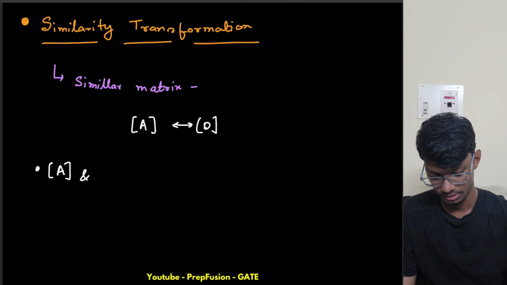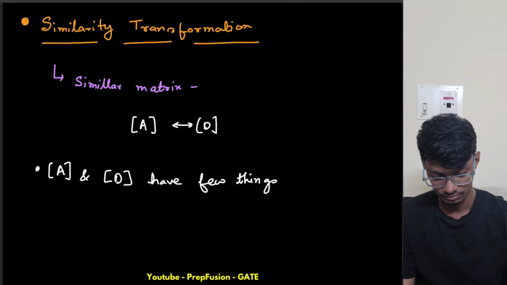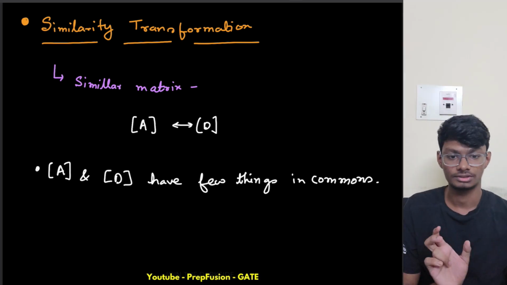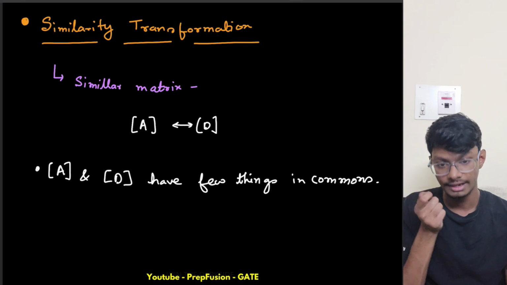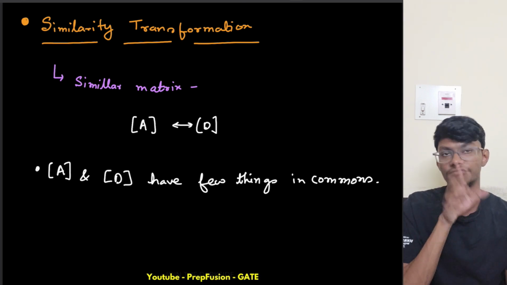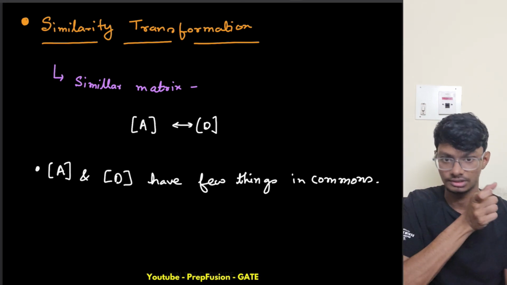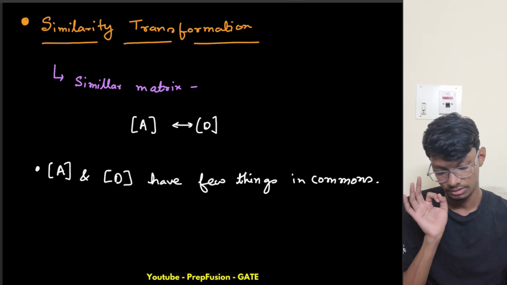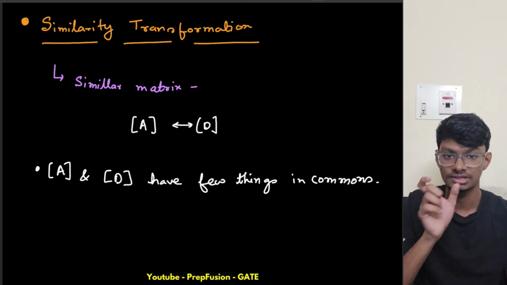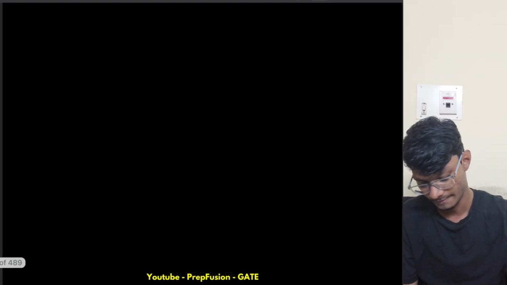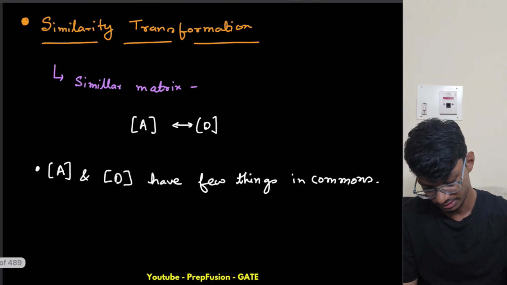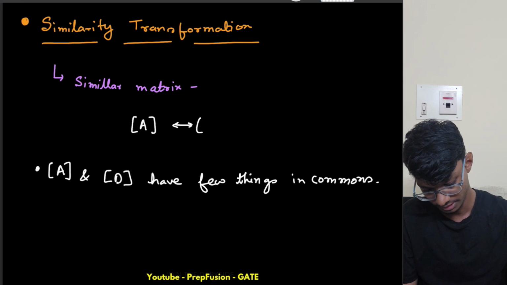A and D will have the same eigenvalues also. That is a condition for similar matrices. There is also another condition I will tell you, but A and D will be called similar matrices if they follow a particular relation. Let me name them as A and B at least. Name this as B actually.